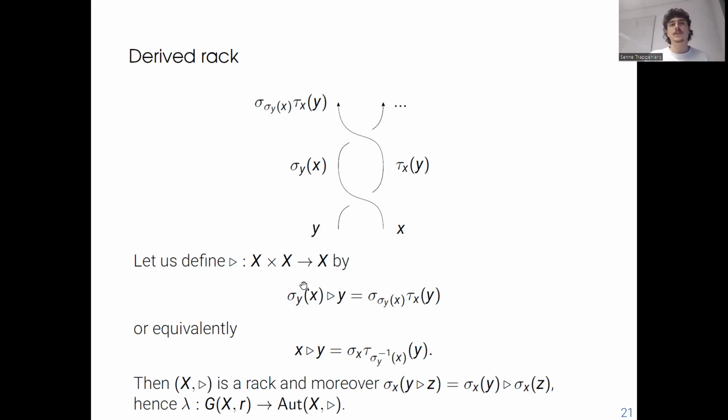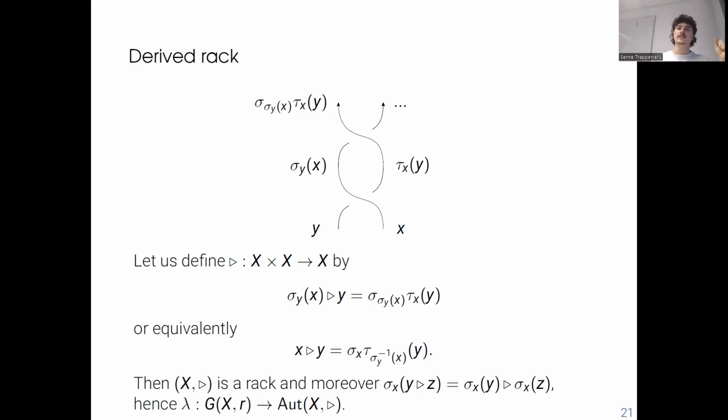Now, it's not very convenient to have this sigma_y(x) there, but of course the sigma_y's are invertible, so we can see that this is just equivalent to this right here. And well, one can prove that it's not a coincidence I'm using the same notation, that what we obtain is a rack.